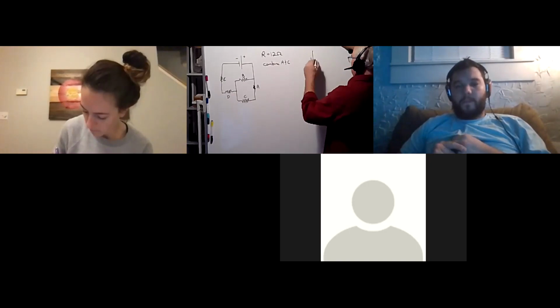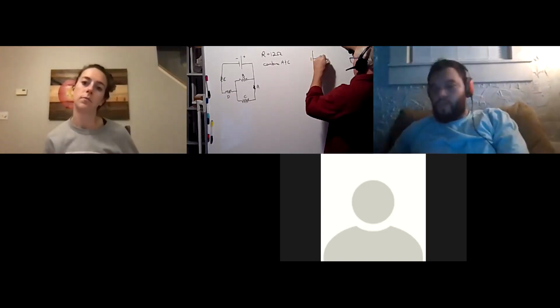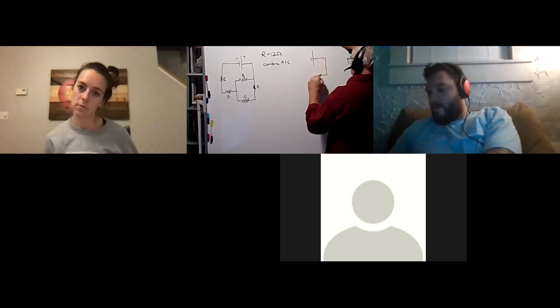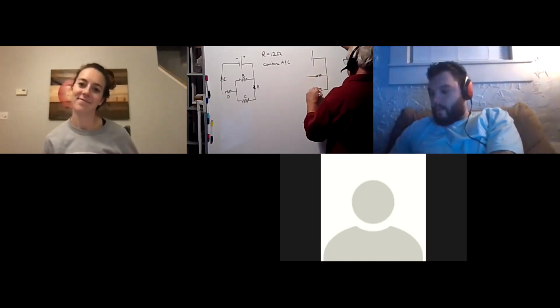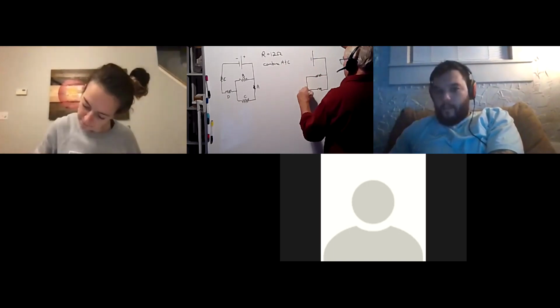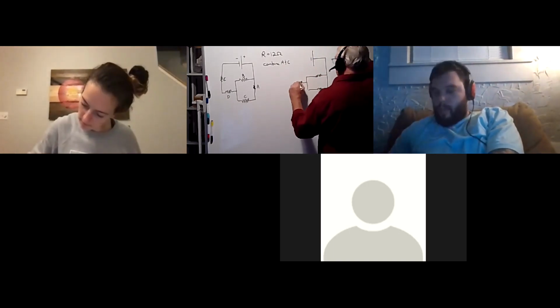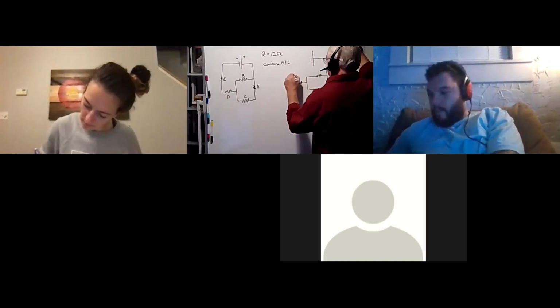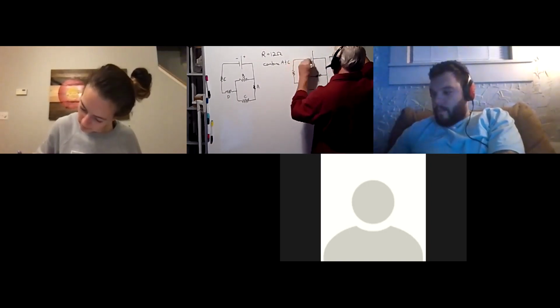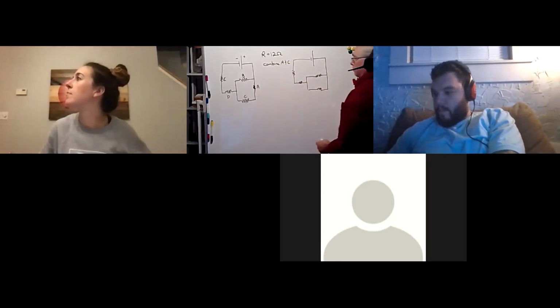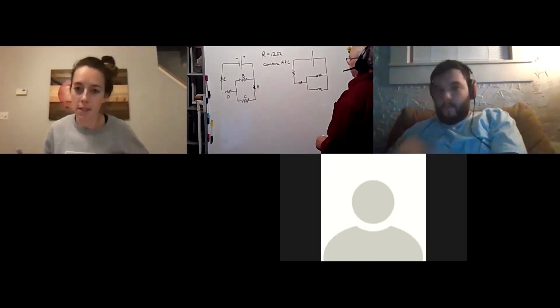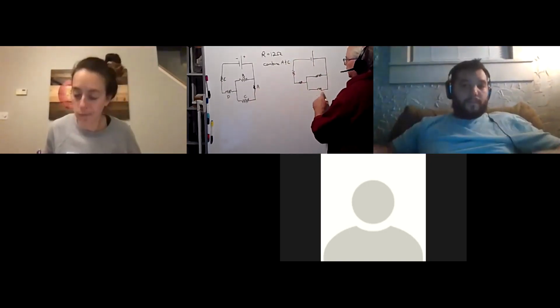So two lines of equal length. Okay. So A and C, I combine them to give me a single resistance.